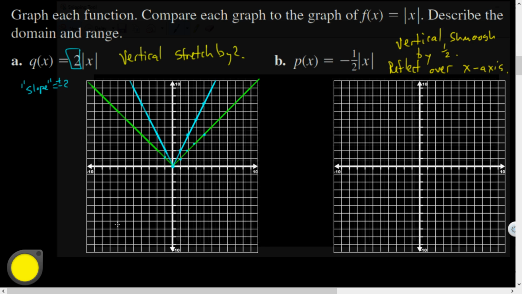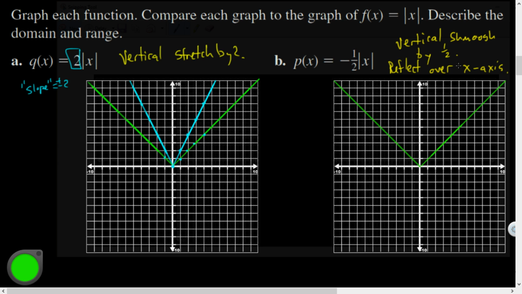All right, let's see if we can put all this together here. So let me graph my regular parent function. That's not quite right. That'll do. Right there, and right there. And I'll do this in steps.